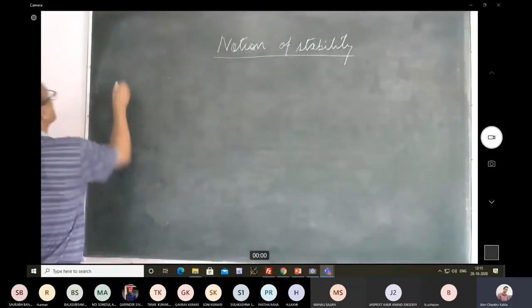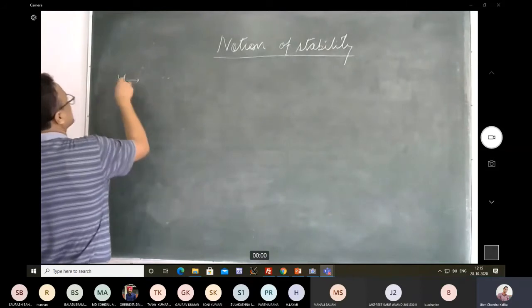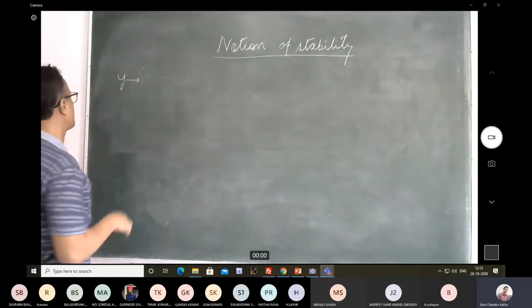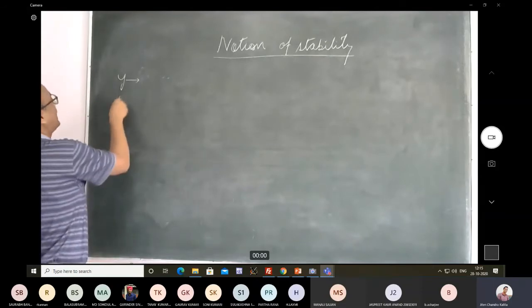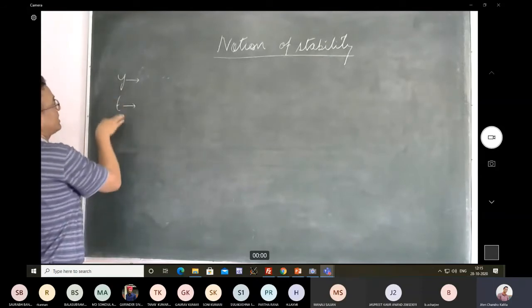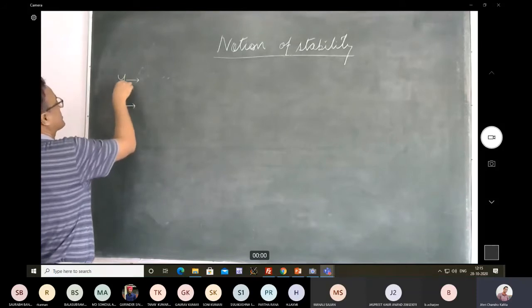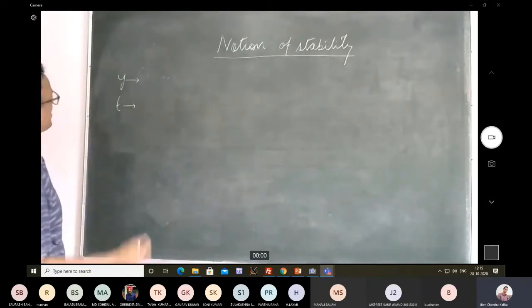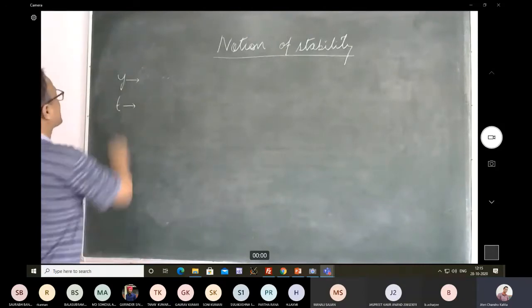Suppose the variable y is a dependent variable, and t is the time, the independent variable. So suppose y represents the population in a particular region of some species at time t.